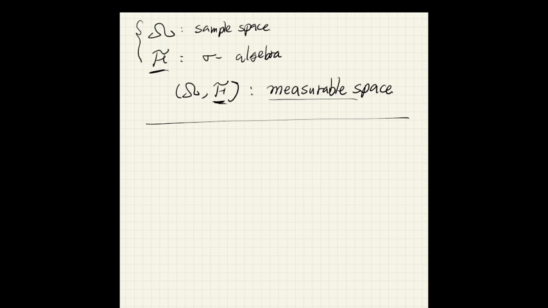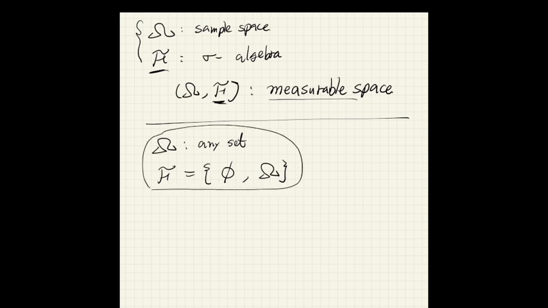For example, let omega be any set. Let us define a collection of subsets of omega as this: the empty set and omega itself. Actually, this is an algebra, and it is a sigma algebra also.